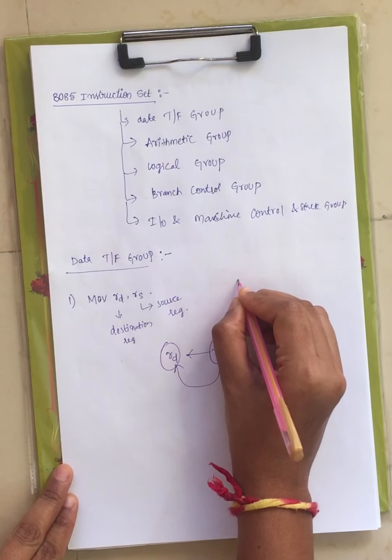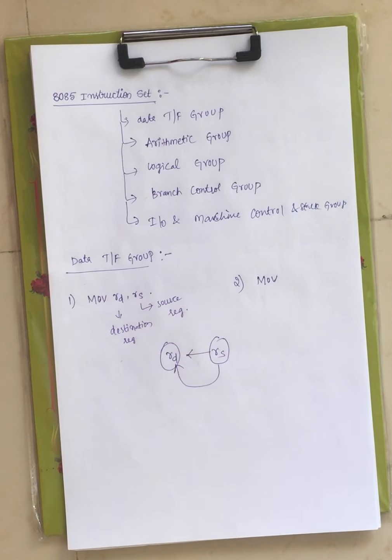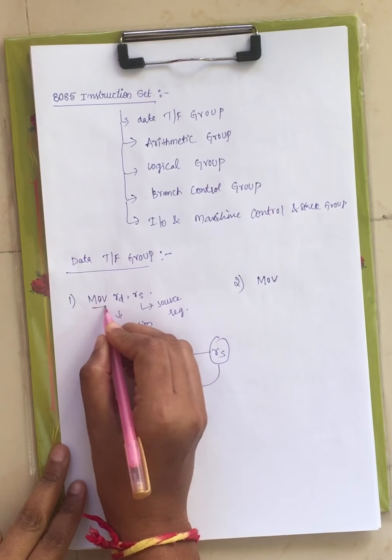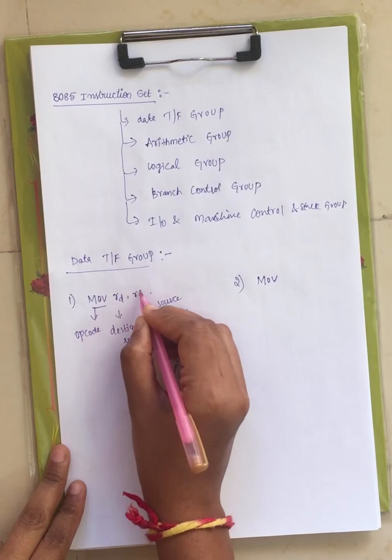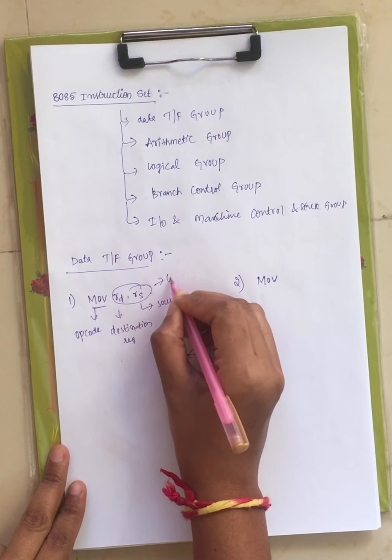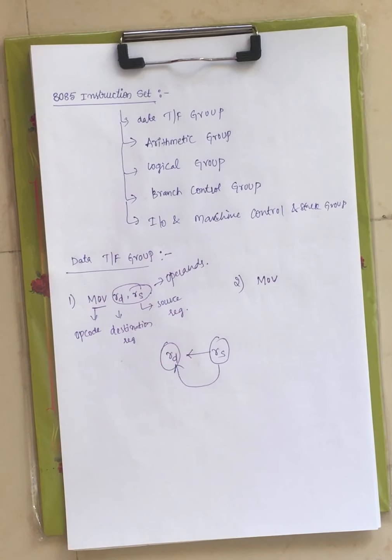Now what is next? In assembly language, move is denoted by MOV, right? This MOV we call the opcode, and this Rd comma Rs we call the operands, right? Opcode and operands.